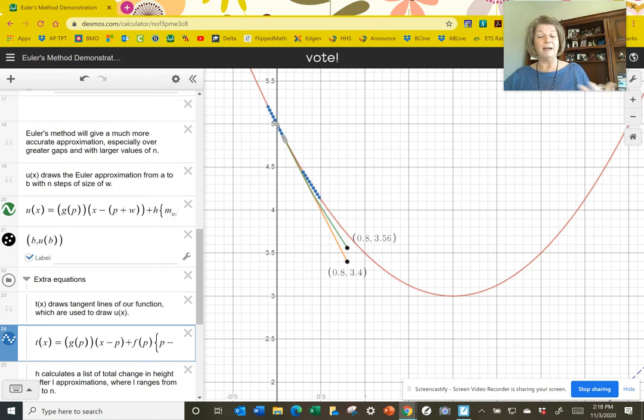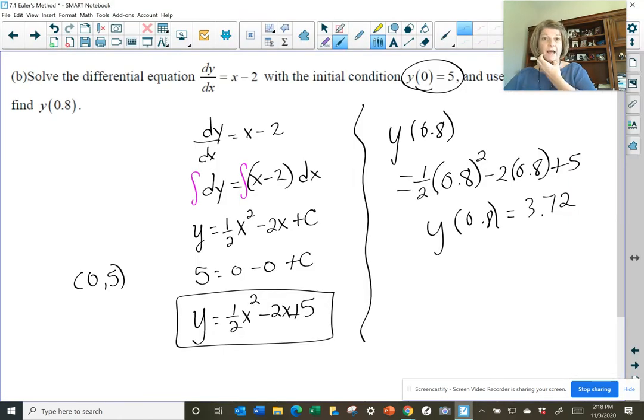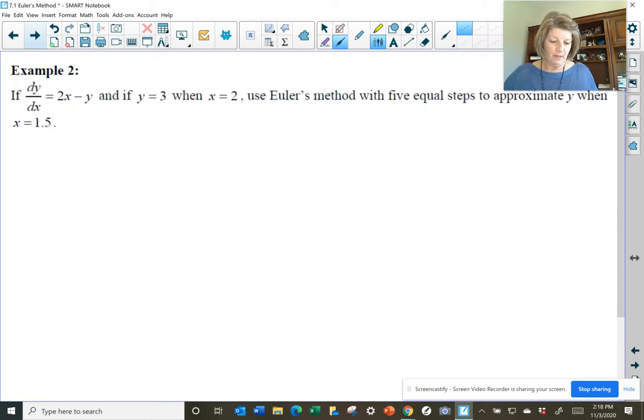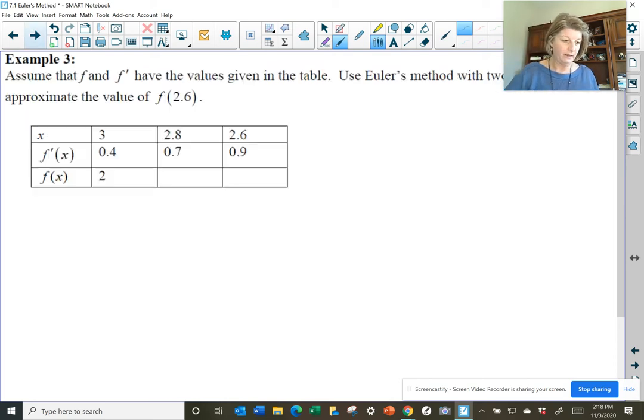So obviously, my approximation will be an under approximation. Sometimes you have to verify or justify whether it is an over or underestimation. Okay. Part 2, we are going to skip because it has 5 equal subintervals, and I just don't think you need to do that. So let's go do number 3. You'll still get plenty of practice here.